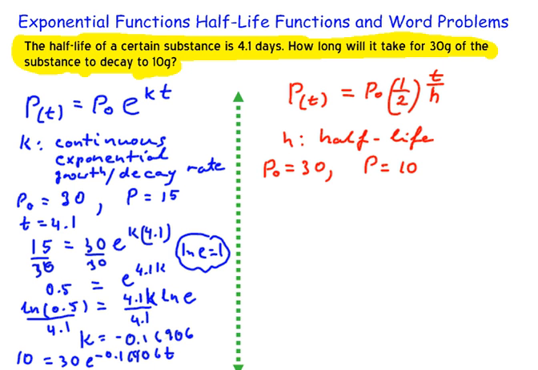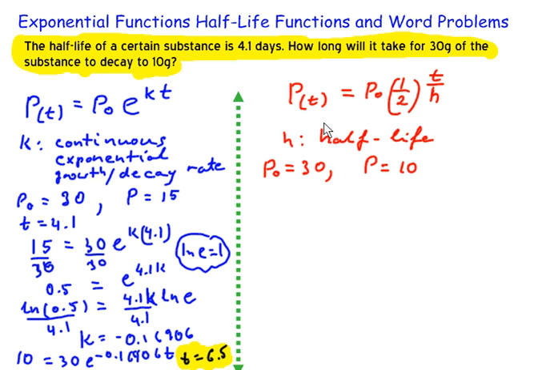So to solve this equation, we will have to divide both sides by 30, apply logarithm, natural logarithm, and then isolate for t. And in the process, you will see, when you use your calculator, that t is approximately 6.5. So 6.5 is the final figure for t using this approach.